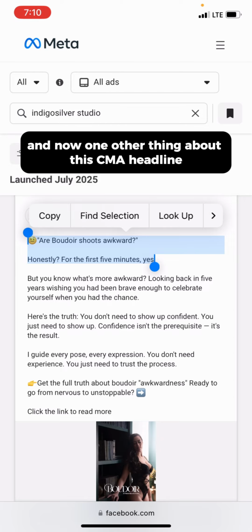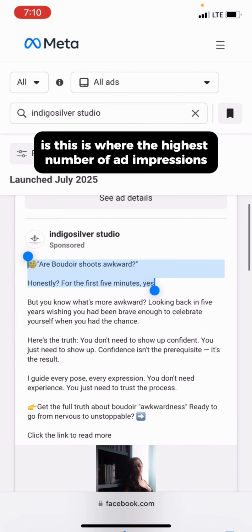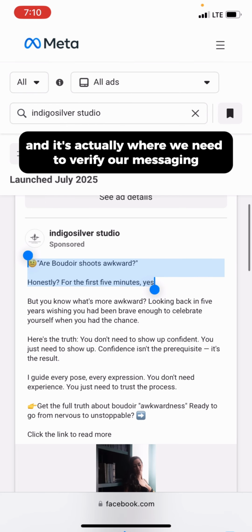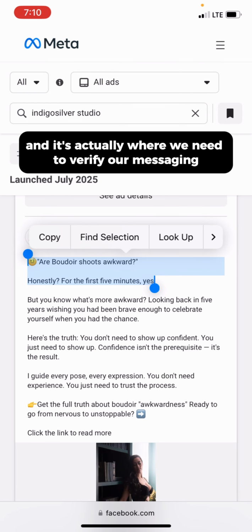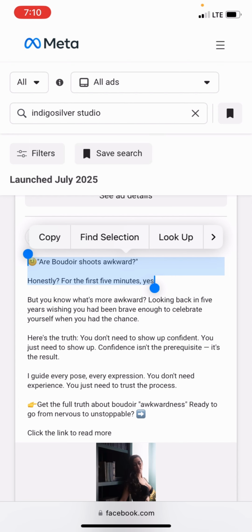Now, one other thing about the see more headline, the reason why we care about the first 2 3/4 lines on Facebook mobile newsfeed is this is where the highest number of ad impressions will actually take place. And it's where we need to verify our messaging before expanding to other placements with non-resident messaging.